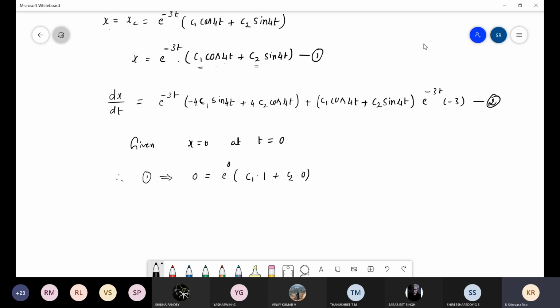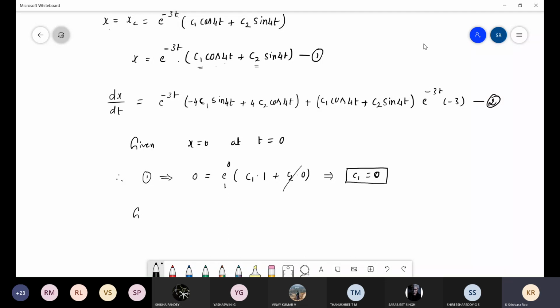So what will I get? C1 equal to 0. Is it right? Because this vanishes. The value of e power 0 is 1. So therefore C1 is equal to 0. That is the first value.